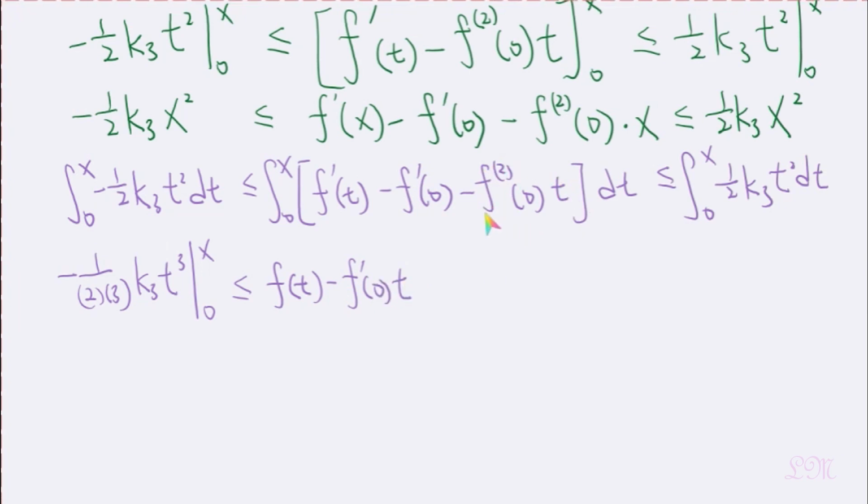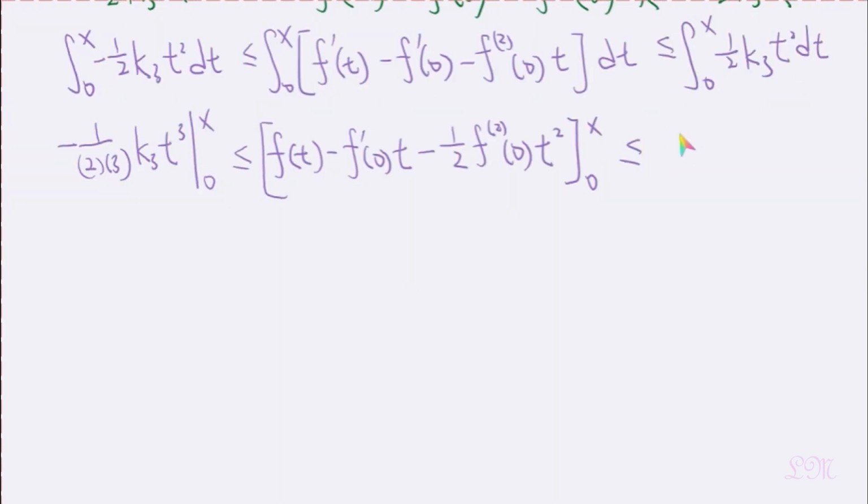This third term right here, f double prime of 0 is also a constant, so we're dealing with an antiderivative of a constant times t, which is just 1/2 times that constant times t squared. Here we have 1/2 times 3 k sub 3 t cubed from 0 to x.